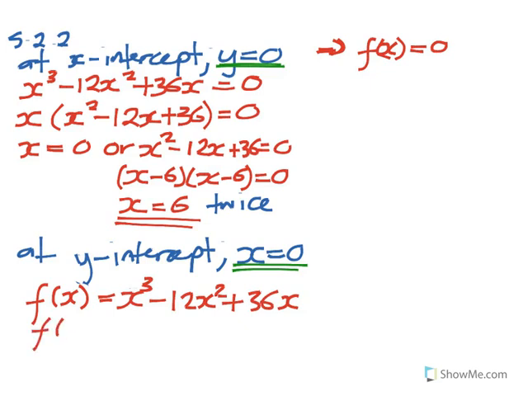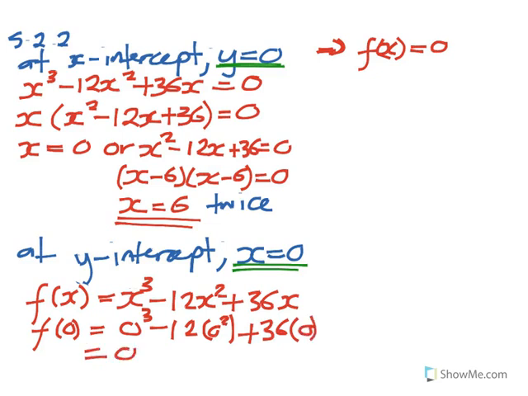Now when x is equal to 0, you'll discover that you're going to get 0 cubed minus 12 times 0 squared plus 36 times 0. You are also going to get a 0.